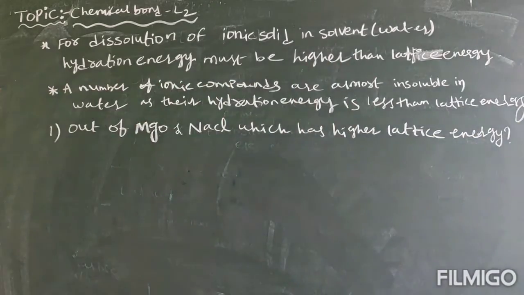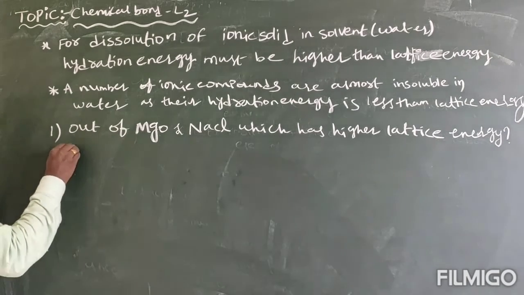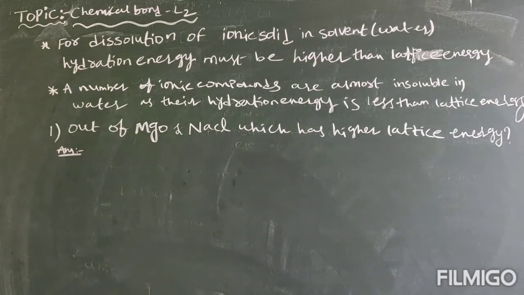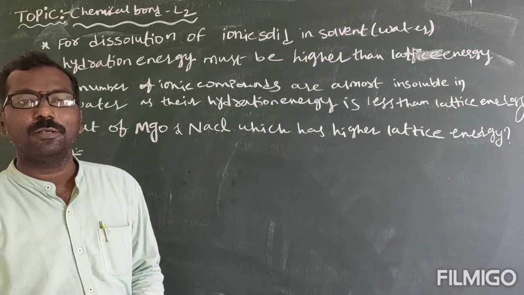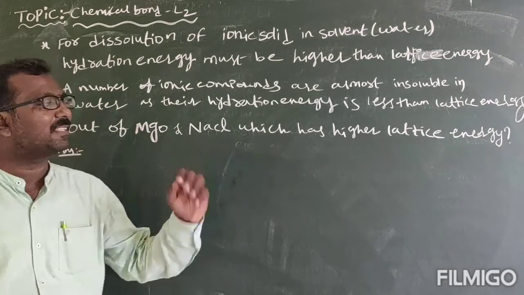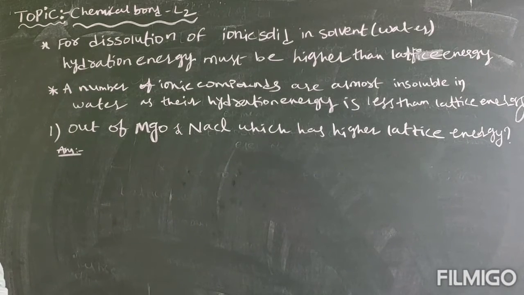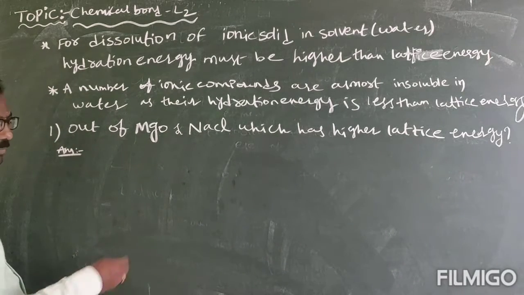You try to answer this. What we discussed now regarding lattice energy, if you have understood, you should be able to write the answer for this. I will tell you how to write it.